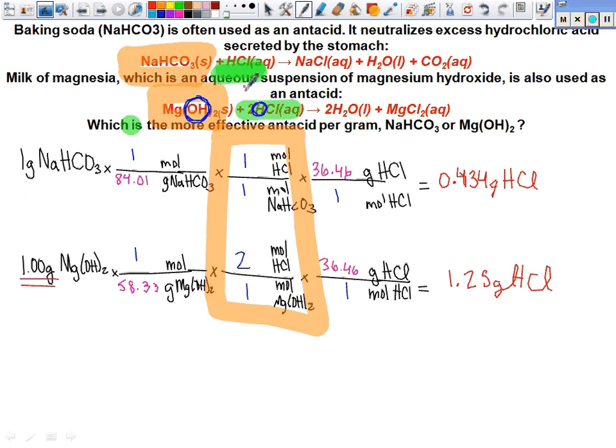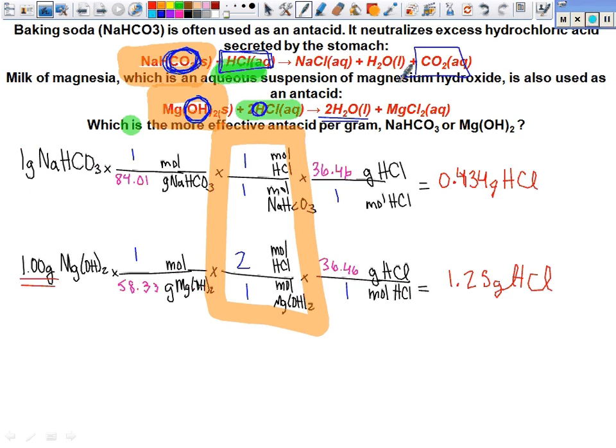Water. However, when you put in sodium hydrogen carbonate, what is going to be there to neutralize that hydrogen? Nothing. What's really going to happen is that this carbonate ion is going to turn into CO2. It's going to turn into a gas, which will make you burp.